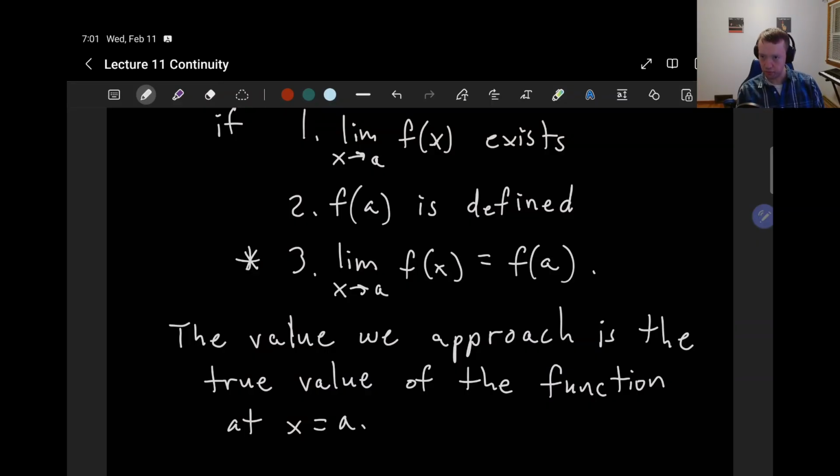So the value we approach, which is the limit, agrees with how the function truly behaves there. So no sudden jumps like we saw in the previous lesson.